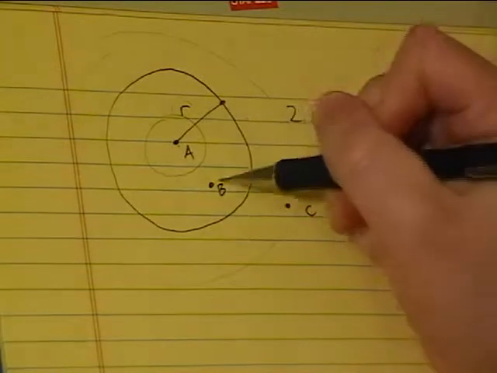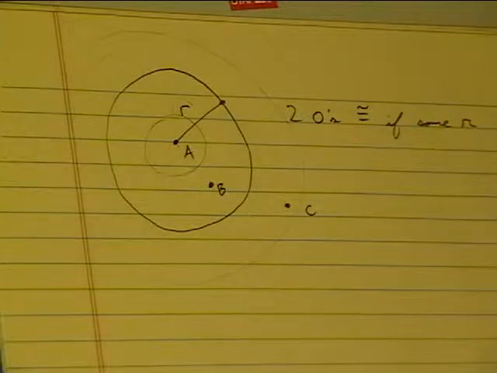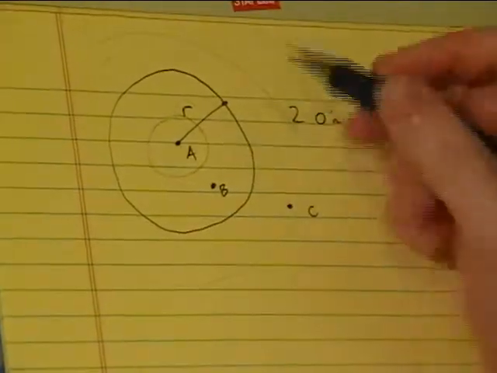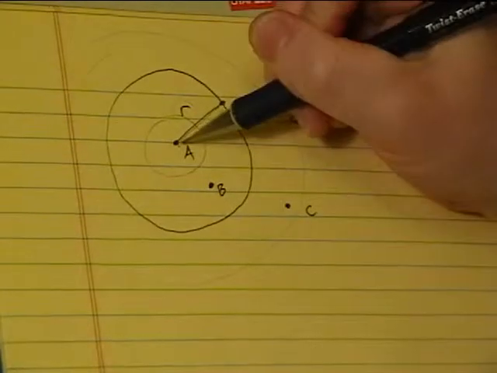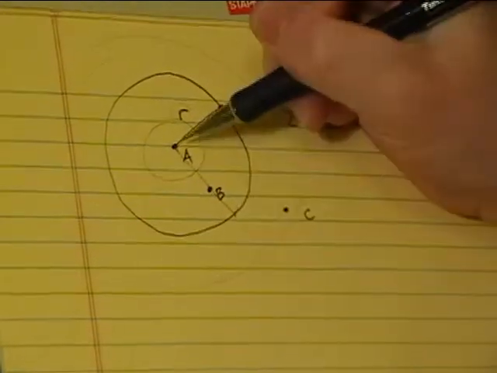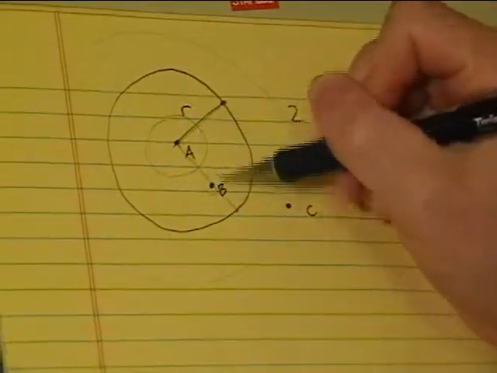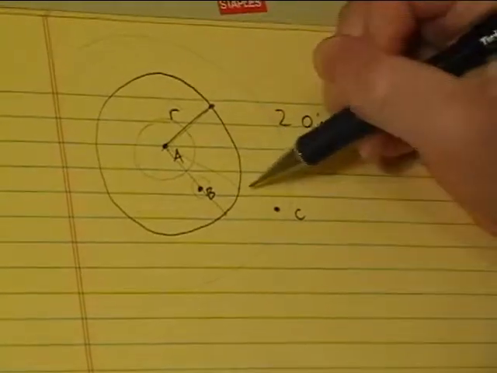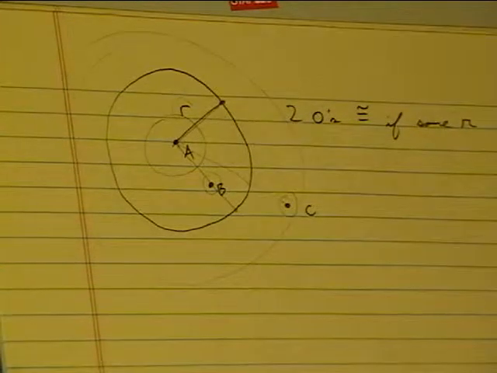But you need to know that one of the things that we know by definition, right, is that this point is on the interior of the circle if it's less than one radius away from the center. So you see, here's the radius. If it's less than one radius away from the center, then it's interior. And if it's more than one radius away, see, not quite making it, this is more, then it's exterior.